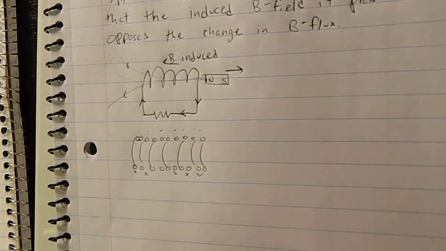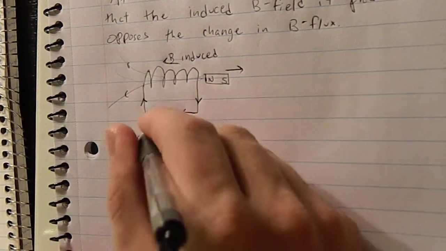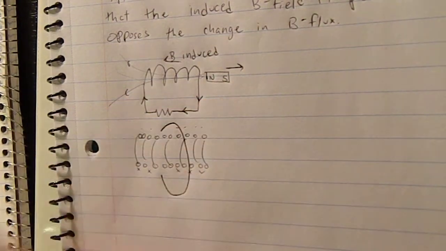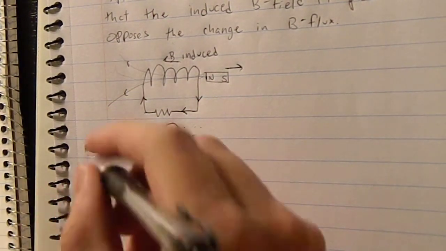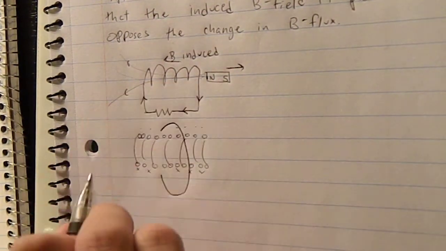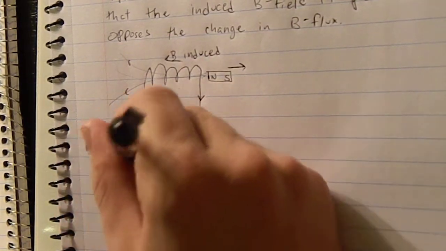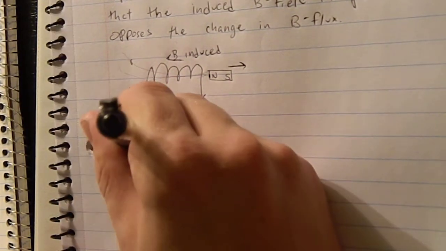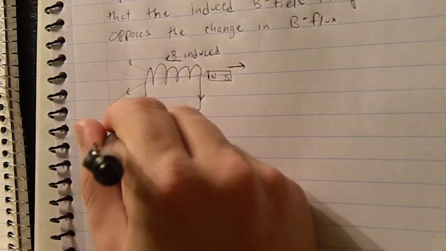And then you have a wire that goes around like this, and so in the actual solenoid, you know that the current is going this way.